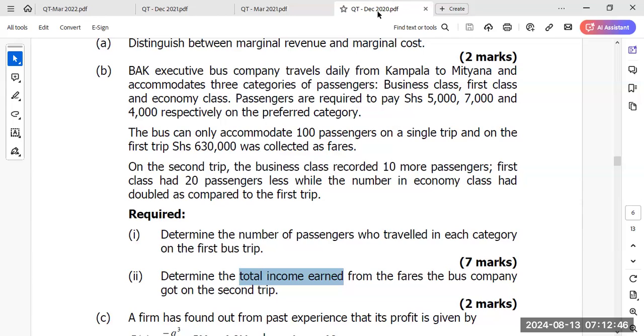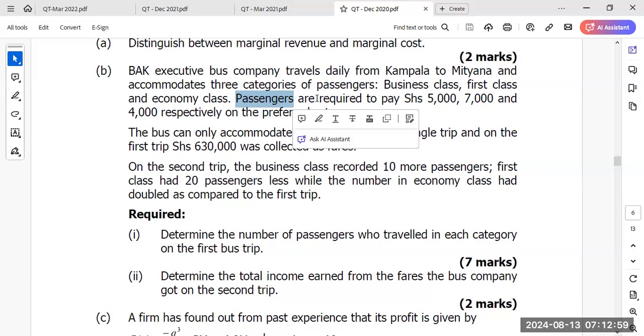Of course, already you know that passengers are required to pay this amount of money. Every person, the category, passengers are required to pay shillings, this, and this.